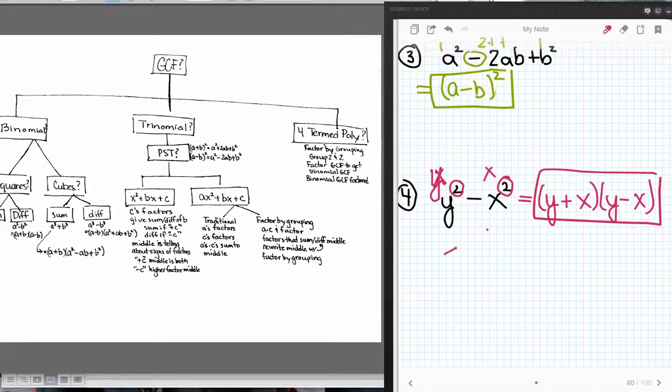Now we could have also rewritten this one as when we ordered it and then seen that the leading coefficient was a negative. So another option in this one is to see this as a negative of x squared minus y squared, and in that case what we would see here is a negative of x plus y times x minus y.